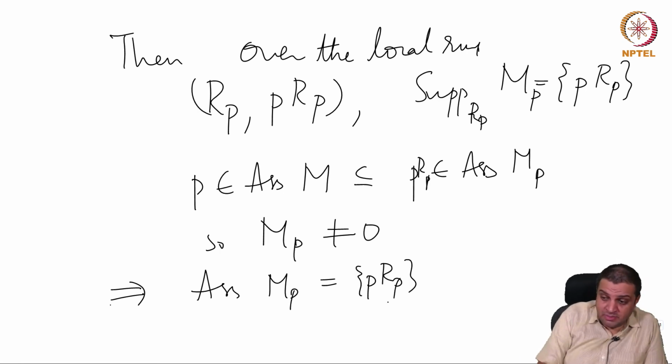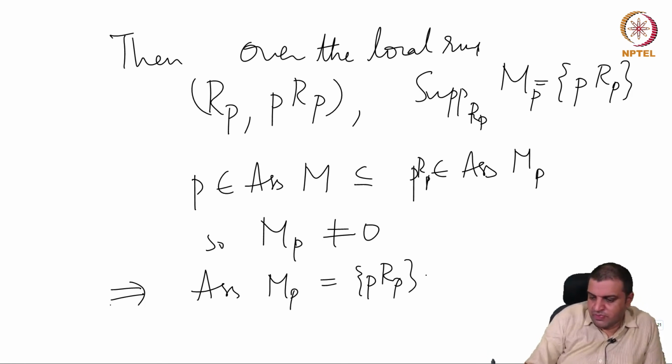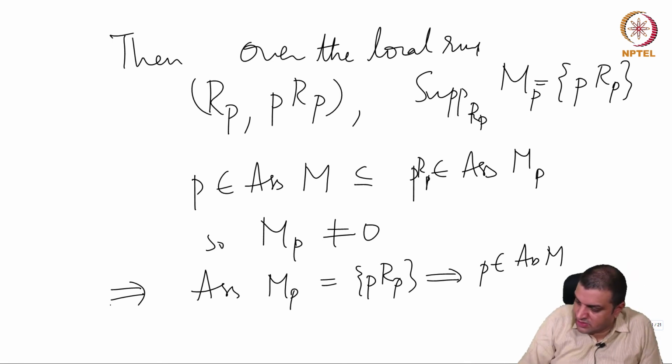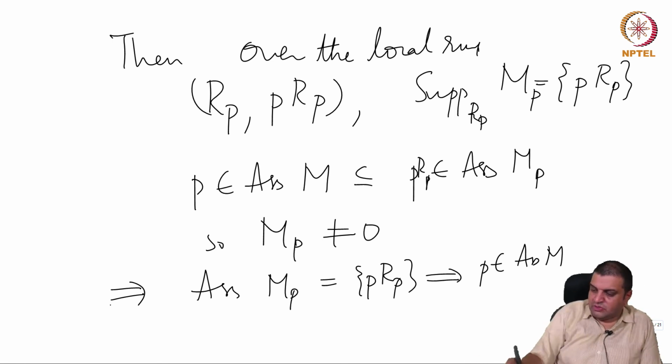This is where minimality is used, to conclude this and then use this fact to do this. And this now implies that P is associated to M. That was what one can use, localization both ways, because it's an equivalence.